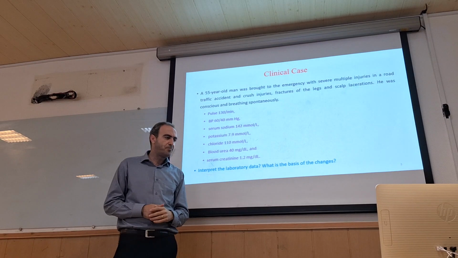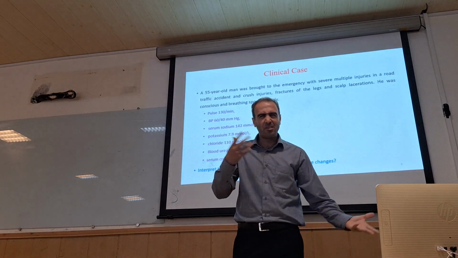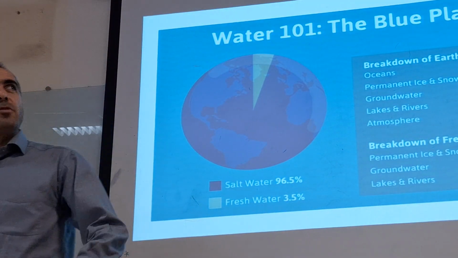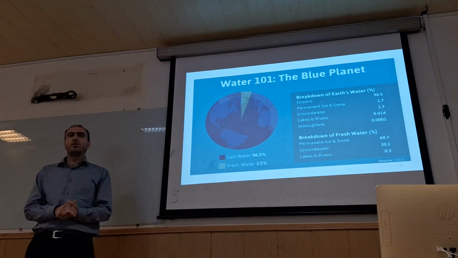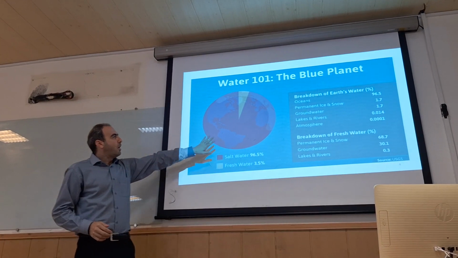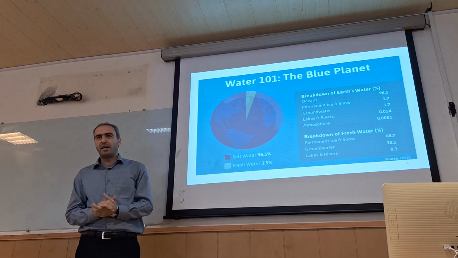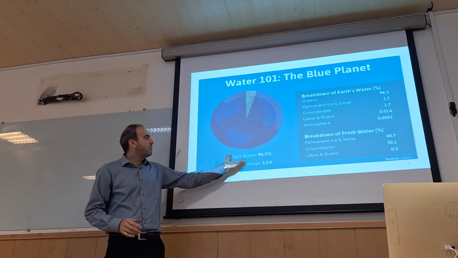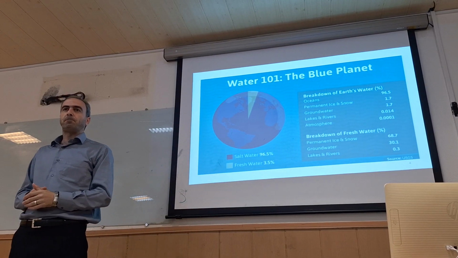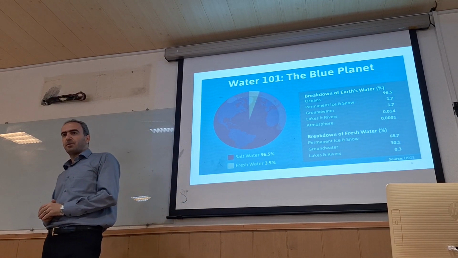First of all, I wanted to give you some general information. It's not related to our course, but it's about all the water in the world. As you know, our planet is known as the blue planet or water planet. But nearly 97% of the water in the world is salt water and not usable.